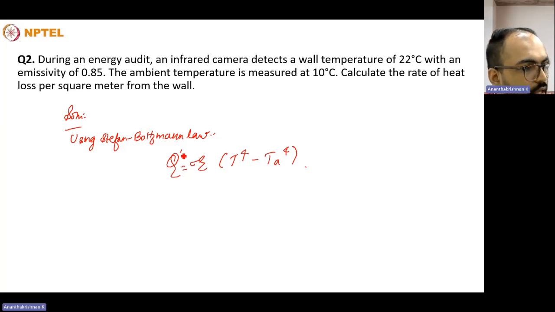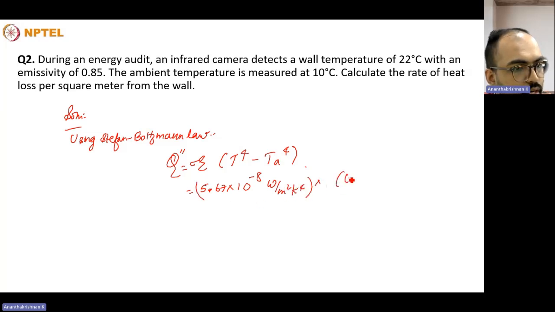That's why we can denote it by Q double dash. Sigma is the Boltzmann constant in watts per meter squared per Kelvin raised to 4. Epsilon is given as 0.85, and the ambient can be considered to be like a black body. And since the wall is a small body compared to the ambient, the emissivity of the ambient can be taken to be 1.